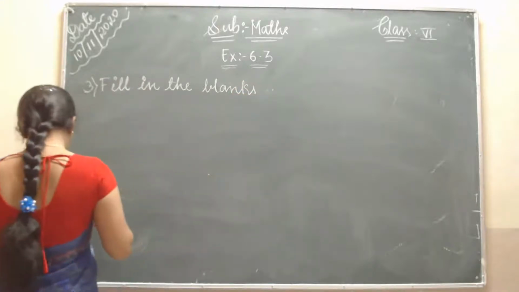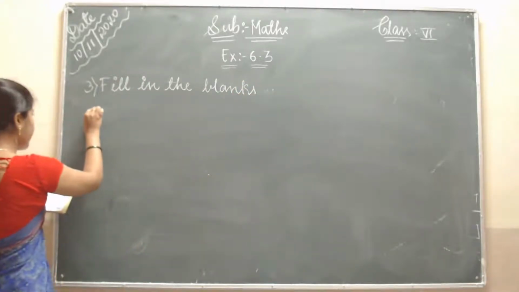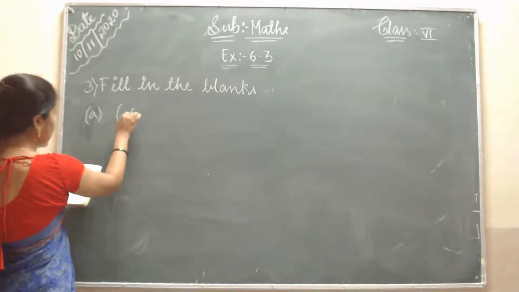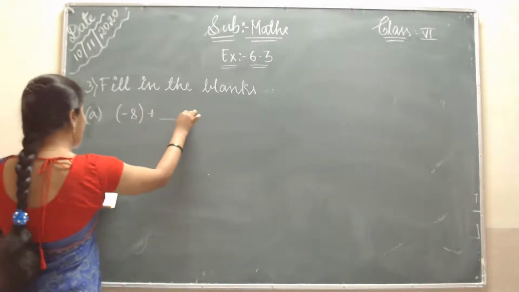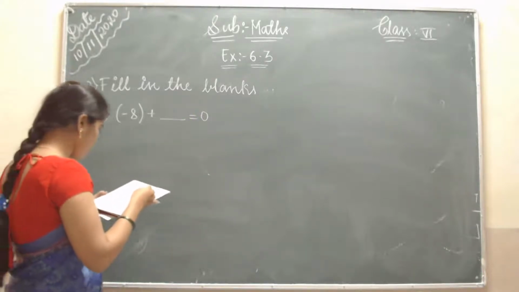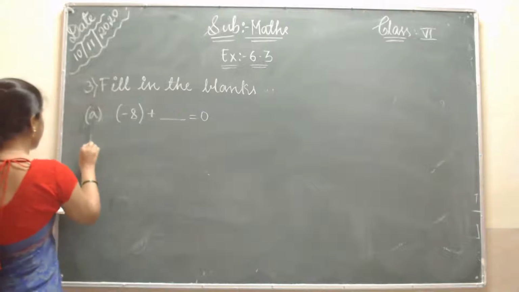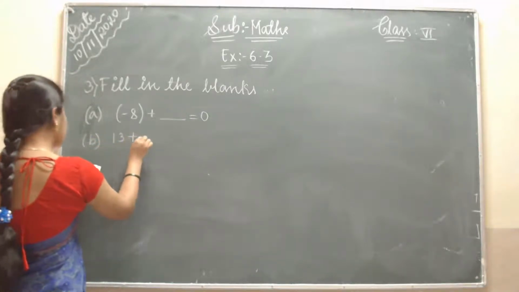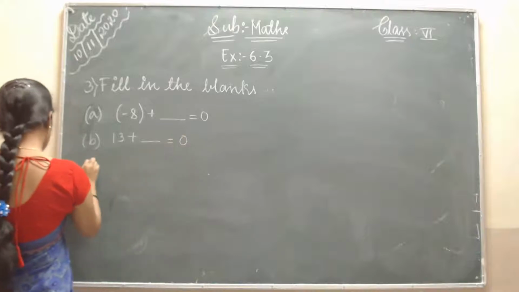Fill in the blanks. A: minus 8 plus dash is equals to 0. B: 13 plus dash is equals to 0.